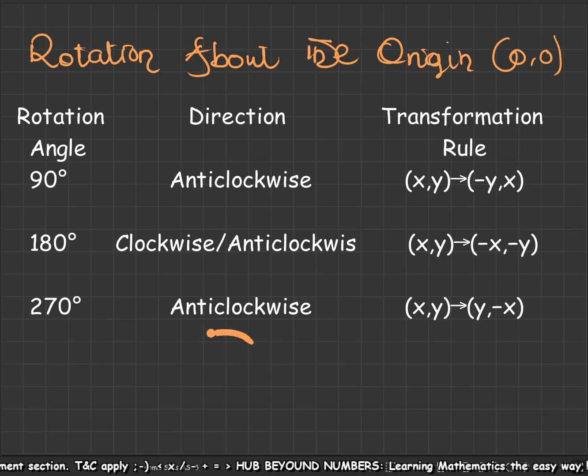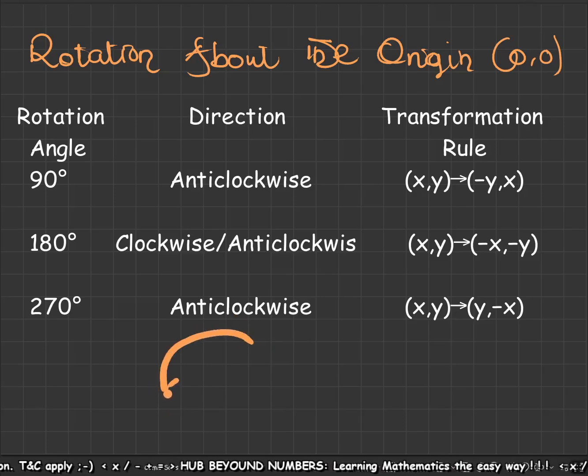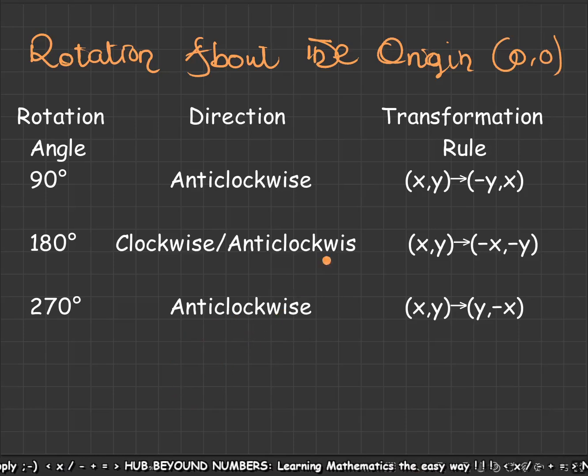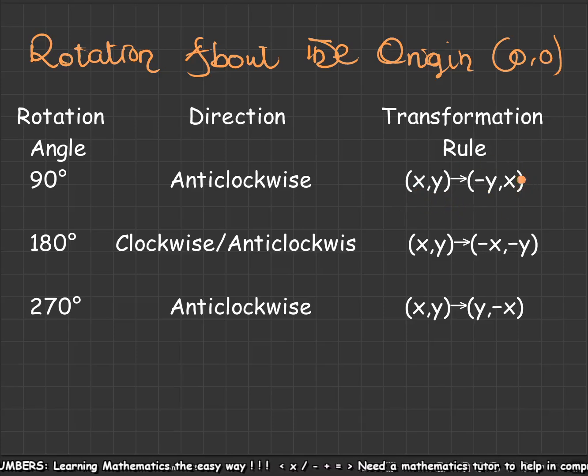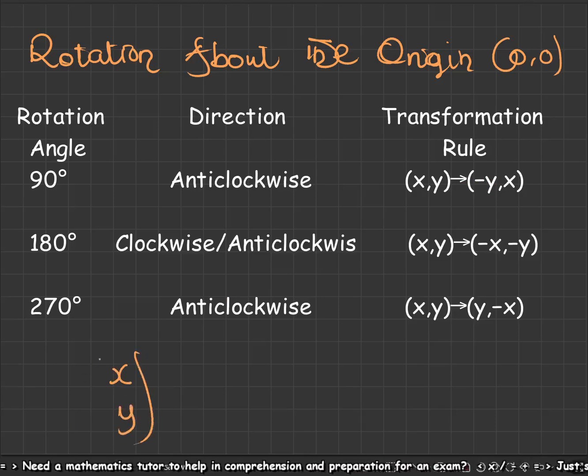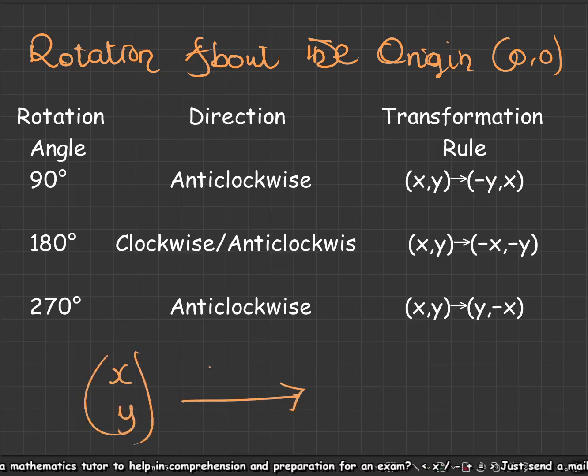All you need to do is, if the coordinate of the point is (x, y), then the rule here is saying to interchange the x and y values, but then negate the one over here. What does that mean? So you have x and then y, and you want to rotate it about 90 degrees anti-clockwise.